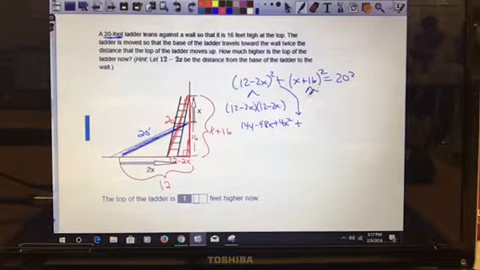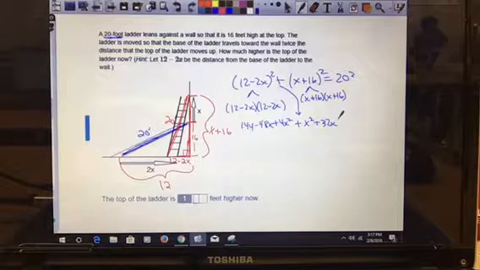And then we need 2 of the x plus 16s. So you get x times x, you're going to get another x squared. x times 16 is 16x and another 16x, so you get 32x. And then 16 times 16 is 256. And that's going to equal 400.